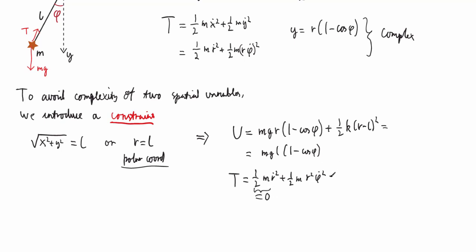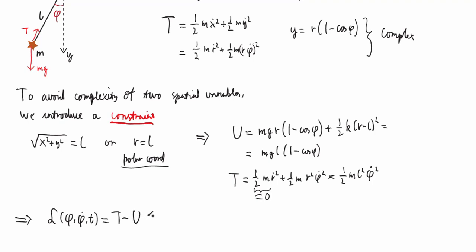And then this is constant, so the kinetic energy is now just equal to 1/2 m L squared phi dot squared. Okay, so this gives us that the Lagrangian, now depends only on one spatial variable and the corresponding velocity, of course.